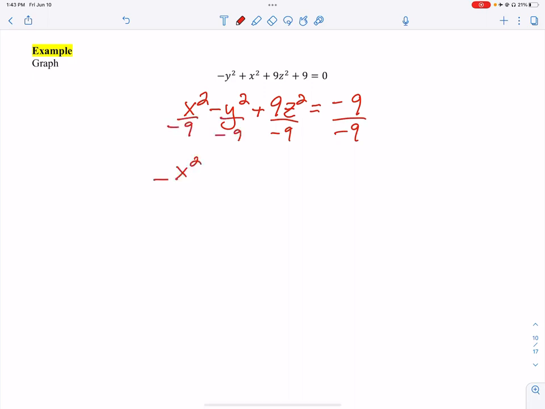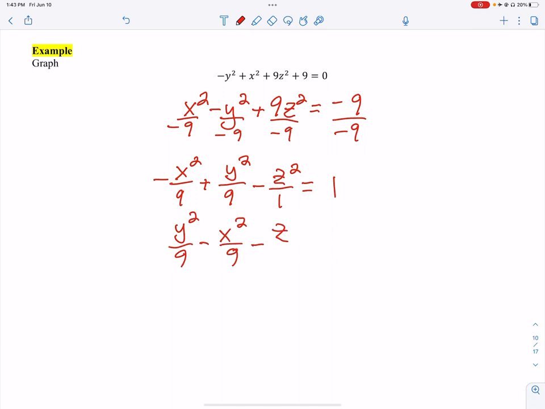So I got negative x squared over 9 plus y squared over 9 minus z squared over 1 equals 1. Okay, and then I can move these around. Y squared up front minus x squared over 9 minus z squared over 1 equals 1.